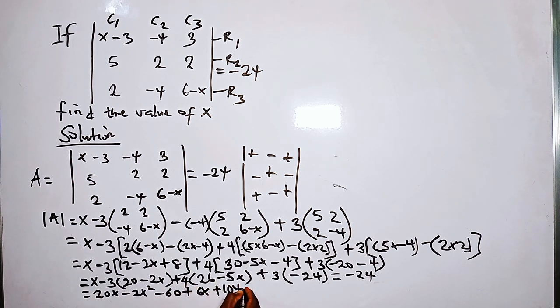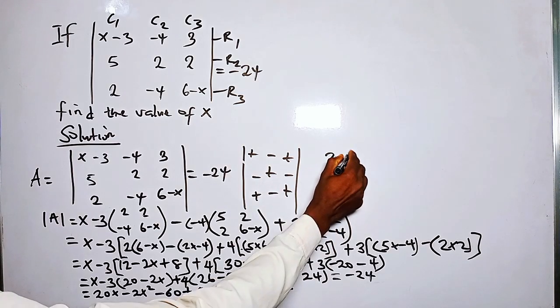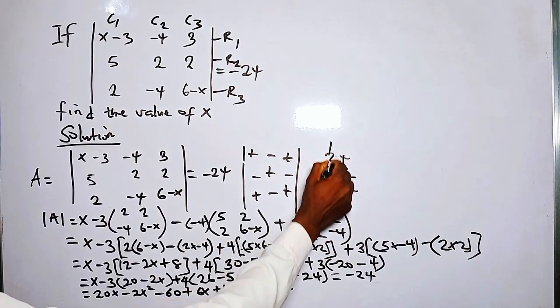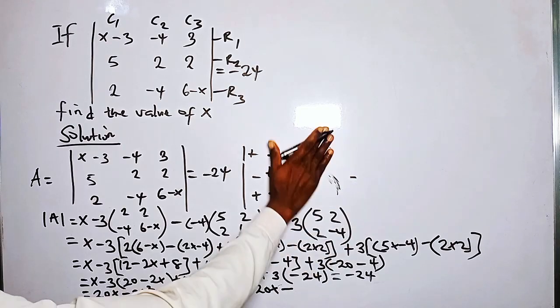Then 4 times minus 5x is minus 20x, and minus times minus 3 times 24 gives minus 72.